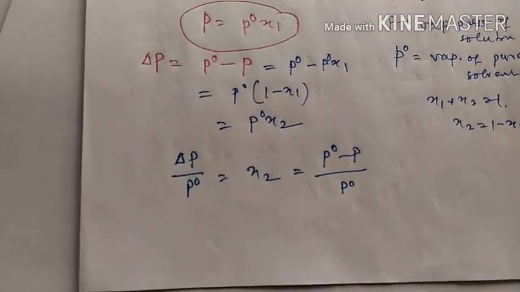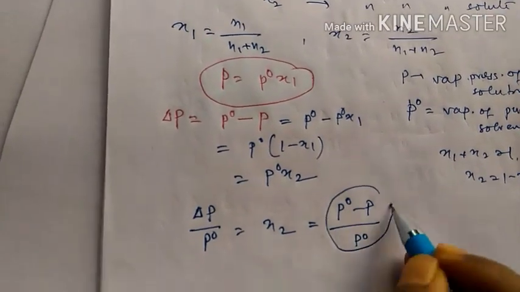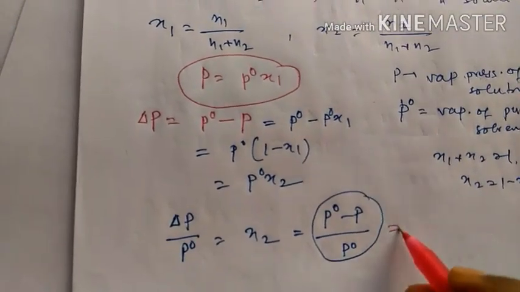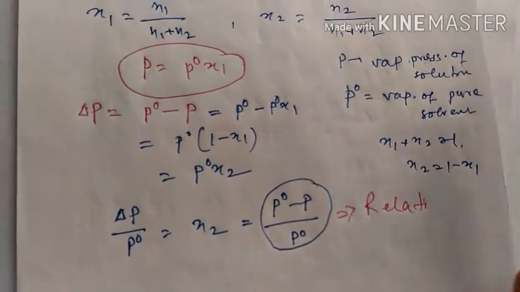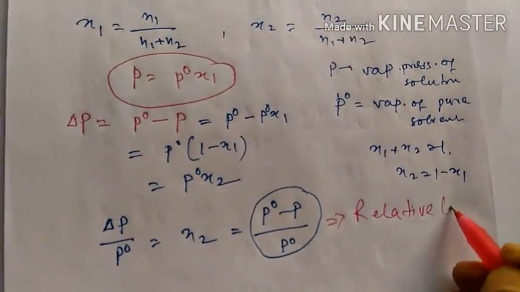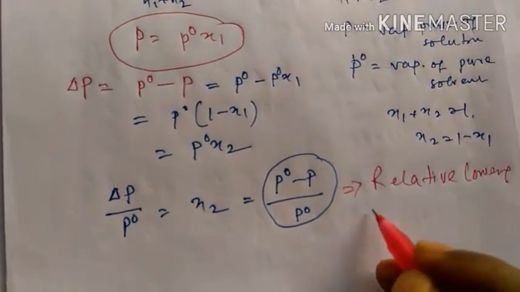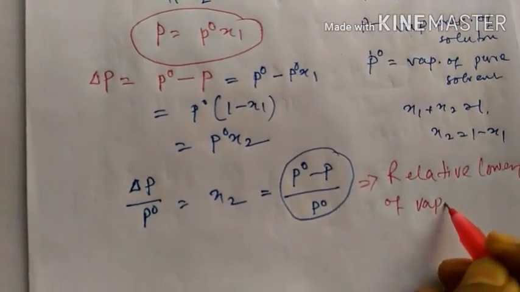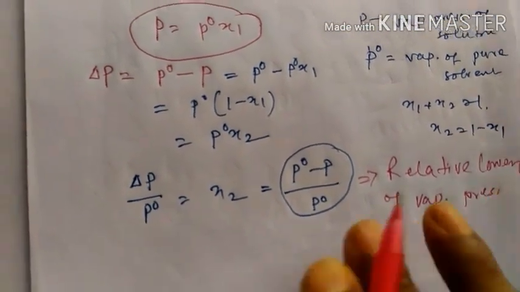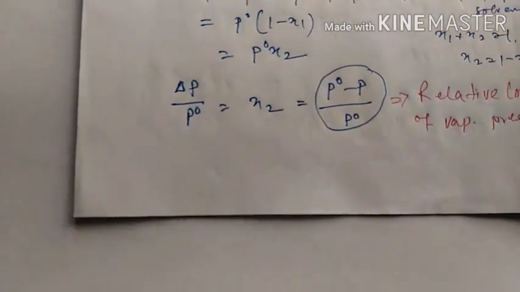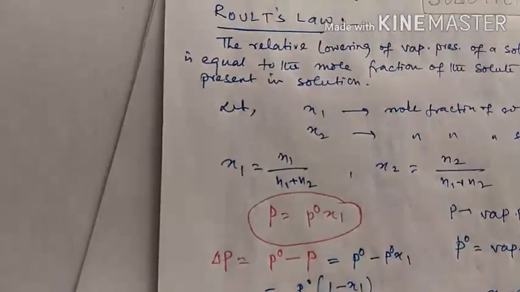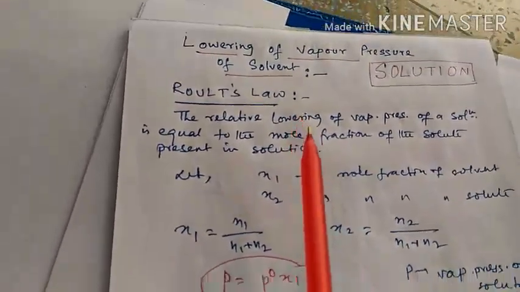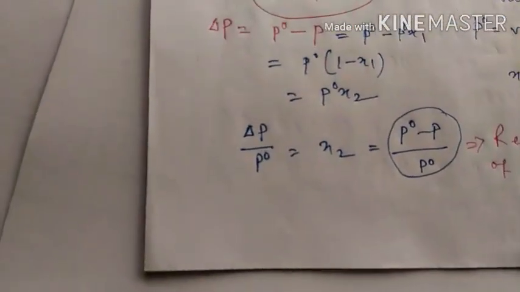So this is our relative lowering of vapor pressure. Okay, students, you have already seen that this is our relative lowering of vapor pressure.